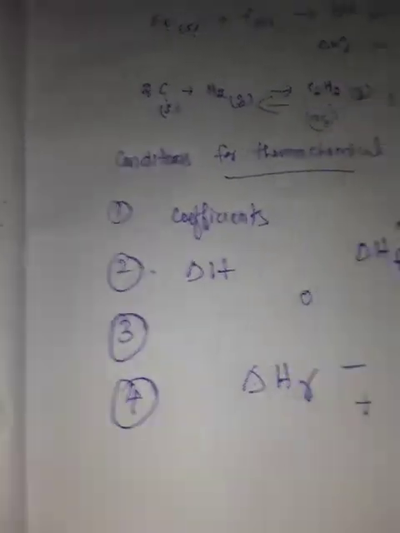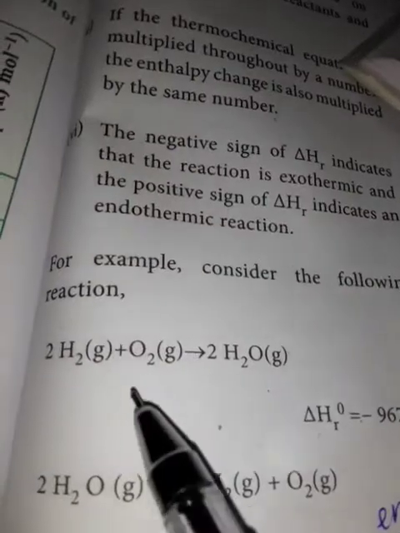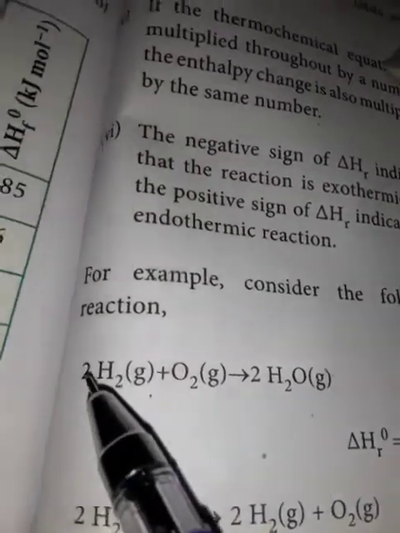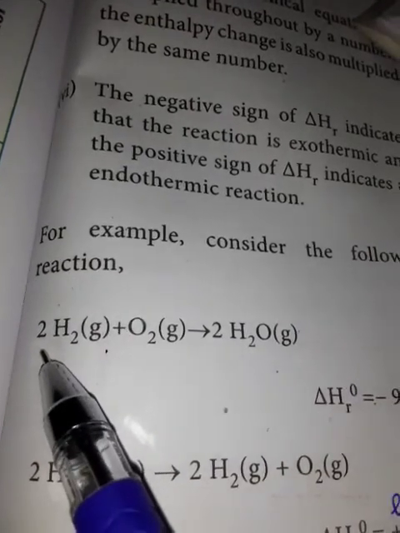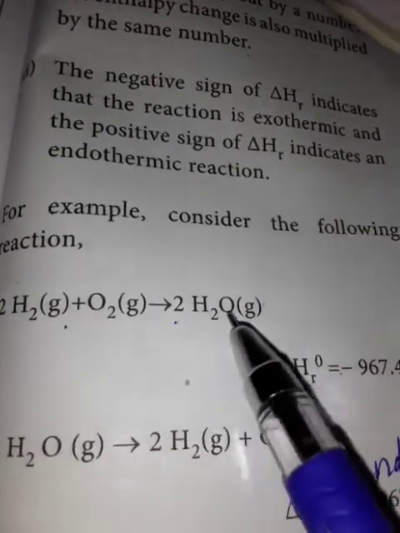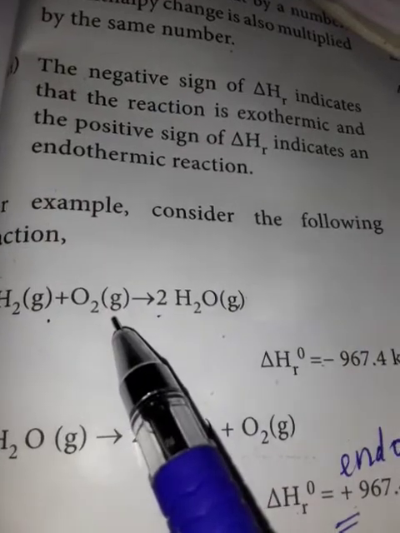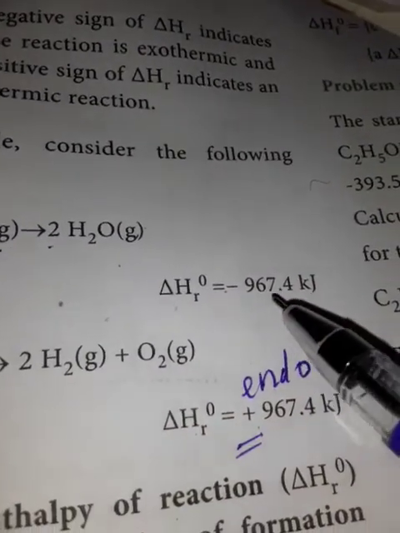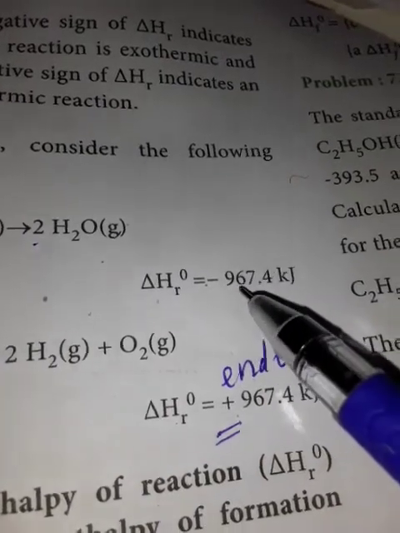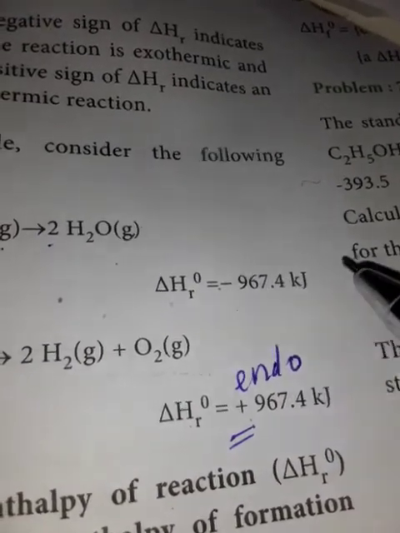In your book, two examples are given. You can refer to book page number 199. See, 2H2 gas plus O2, where 2 is the coefficient, the number of moles of reactant, giving 2H2O gas. All the physical states are given. Here a minus sign is given, minus 967.4 kilojoule.